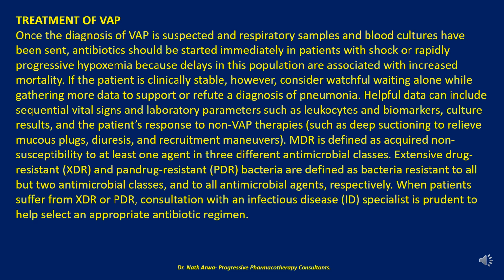If the patient is clinically stable, however, consider watchful waiting alone while gathering more data to support or refute a diagnosis of pneumonia. Helpful data can include sequential vital signs and laboratory parameters such as leukocytes and biomarkers, culture results, and the patient's response to non-ventilator-associated pneumonia therapies, such as deep suctioning to relieve mucus plugs, diuresis, and recruitment maneuvers.